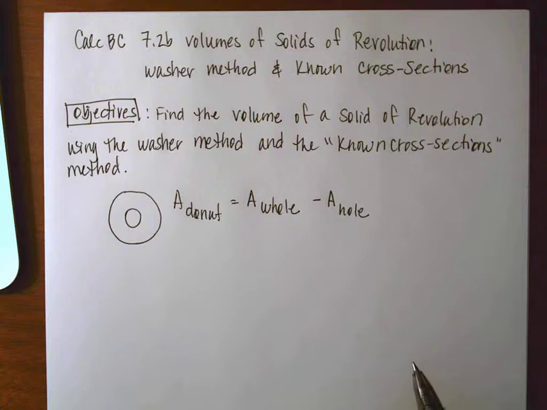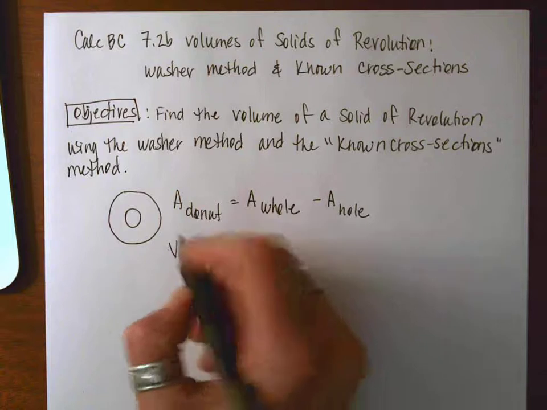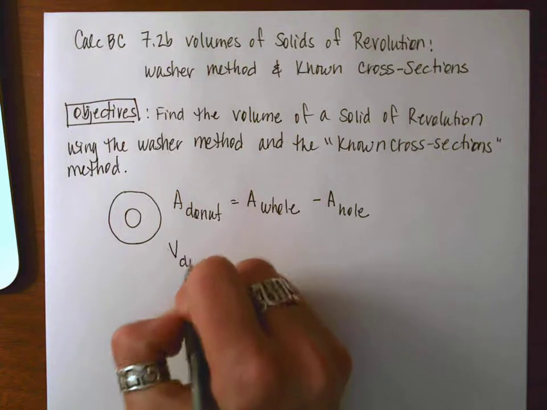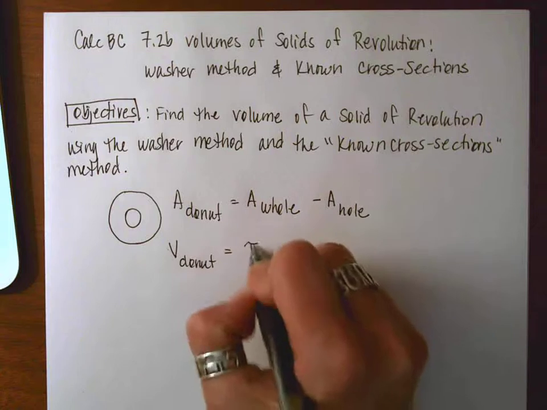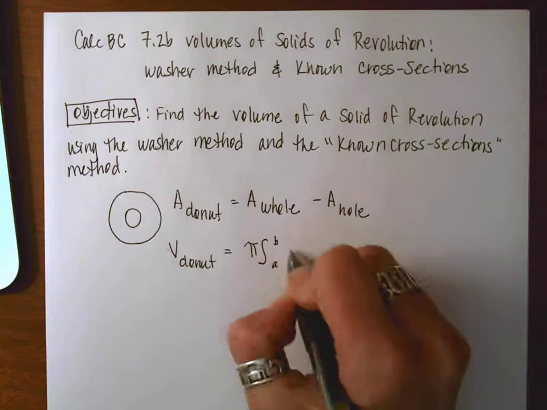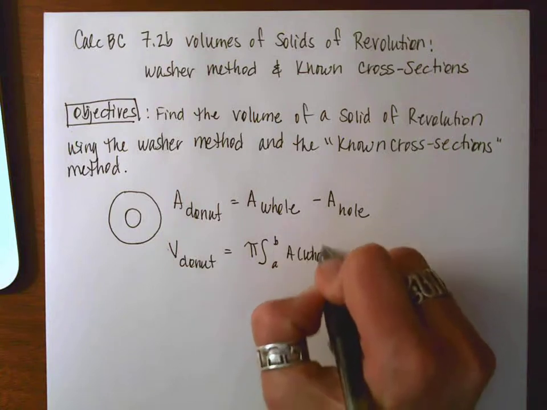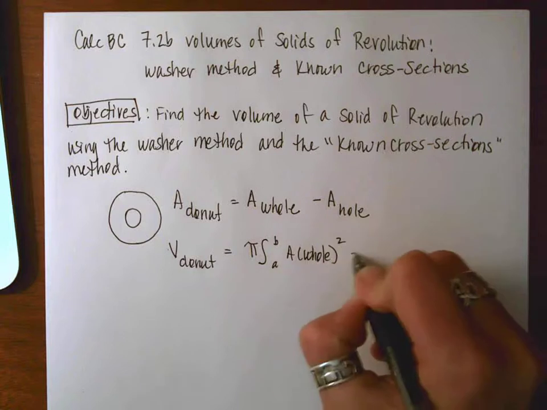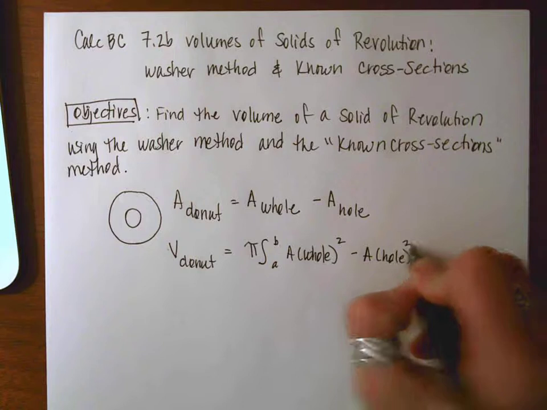Okay? Well, then if we want to make this look like calculus, then we're going to say that the volume of a donut, because donuts have volume, is going to be pi times the integral from A to B of the area of the whole, quantity squared, minus the area of the whole, quantity squared.